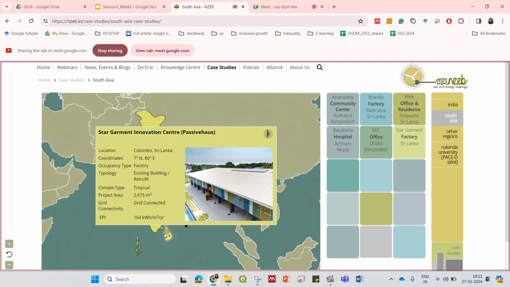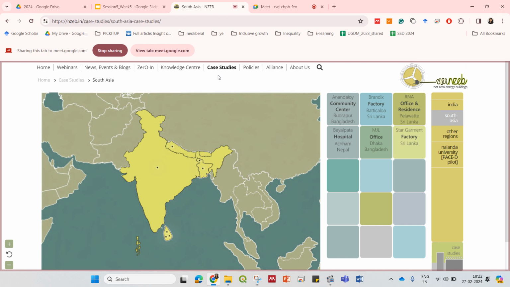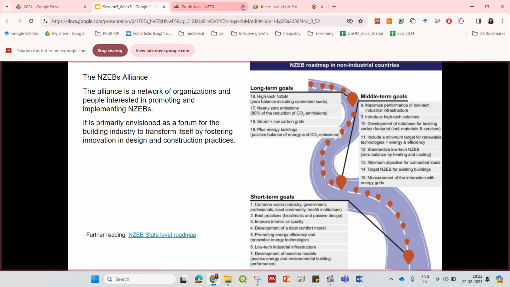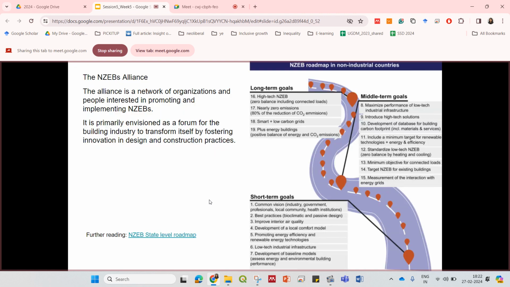Similarly, there are other examples like this Garment Innovation Center or this multi-purpose office and residence. So you can even refer to several case studies here. So I hope this is a useful reference for you. We'll come back. So I hope this doubt is clear, which was asked in the previous session.